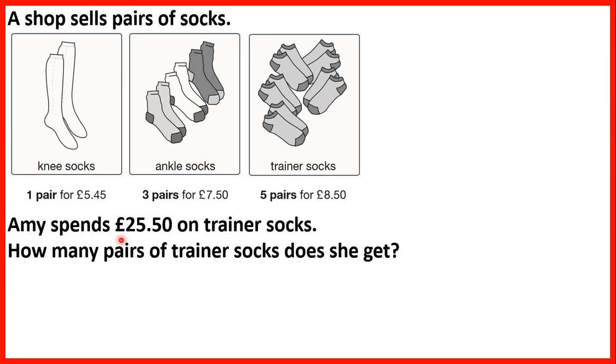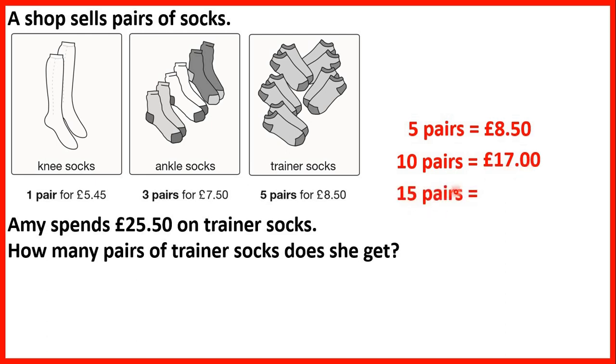Now, Amy spends £25.50 on trainer socks. How many pairs of trainer socks does she get? We're told that 5 pairs cost £8.50. So that means 10 pairs must cost £8.50 times 2, or £8.50 plus £8.50, and that gives us £17.